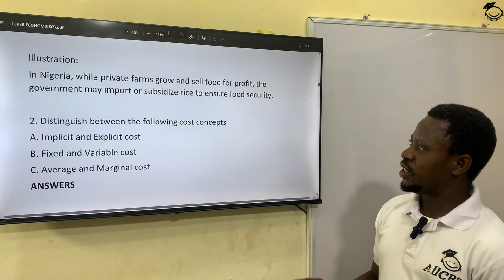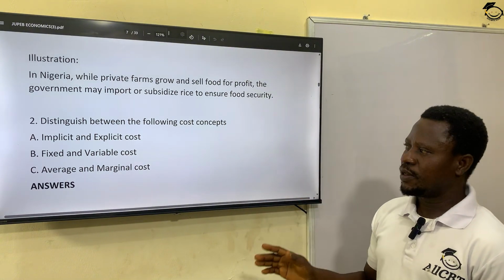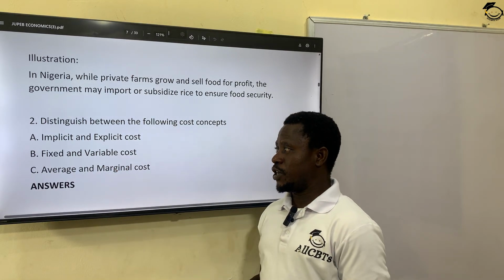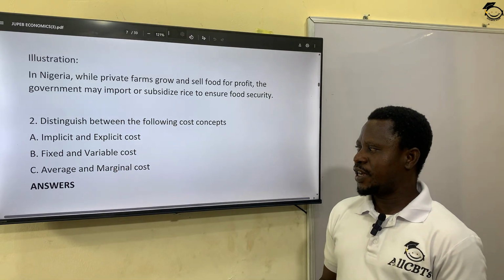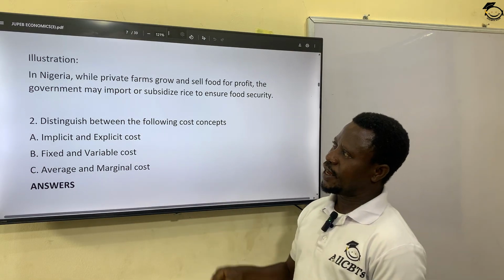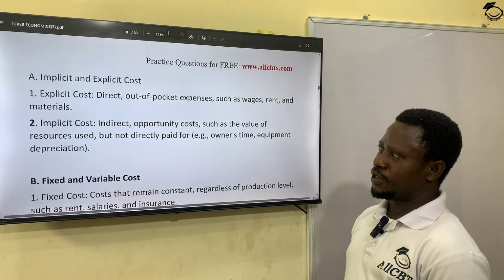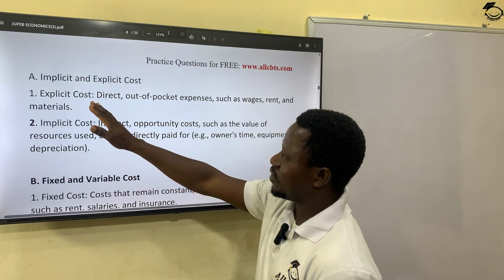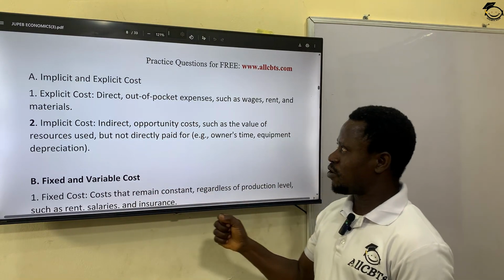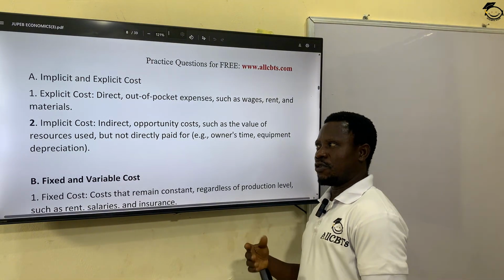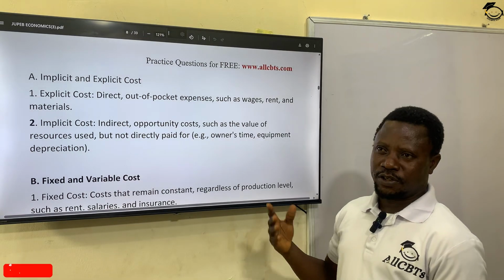Distinguish between the following cost concepts: implicit and explicit cost, fixed and variable cost, average and marginal cost. So let's see the answers I provided for this particular question. Implicit and explicit cost. Explicit cost means direct costs, out-of-pocket expenses, like wages, like rent, raw materials. These are explicit costs.